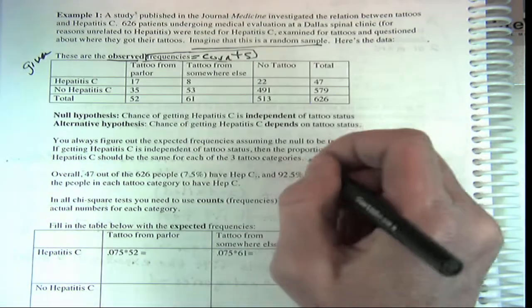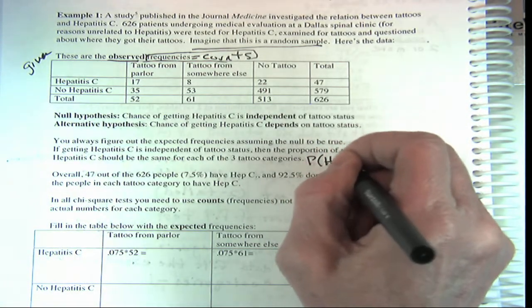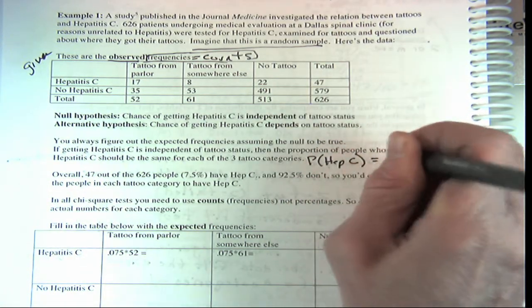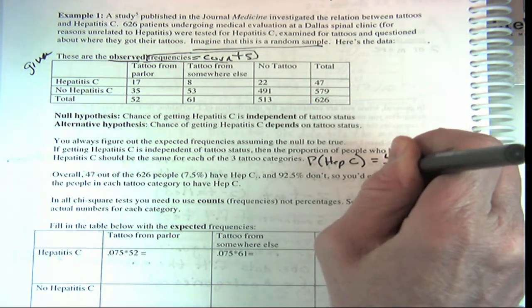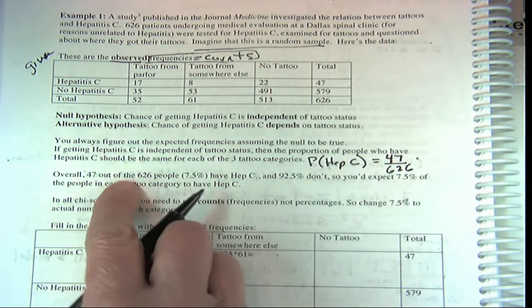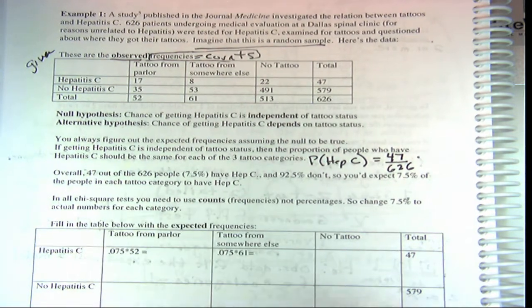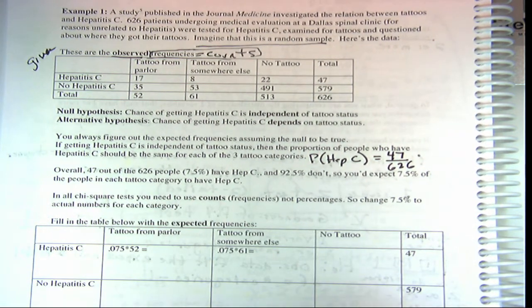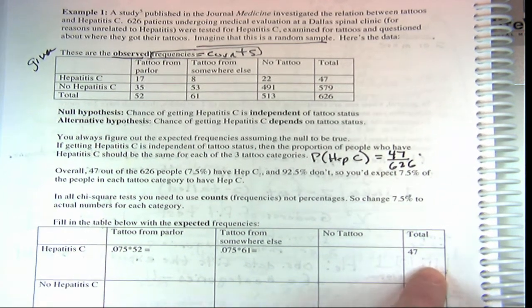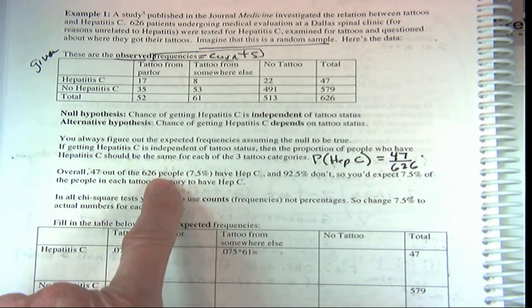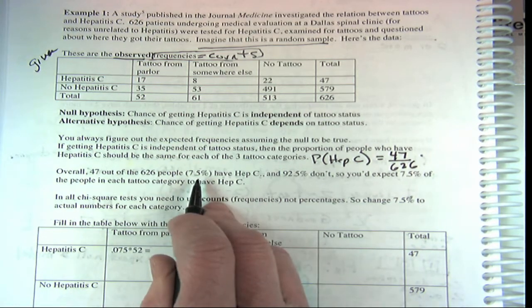So you can think the probability of hepatitis C among these people is 47 out of 626. Overall, here's the overall total. And out of that overall total, 47 out of the 626, which is 7.5%.